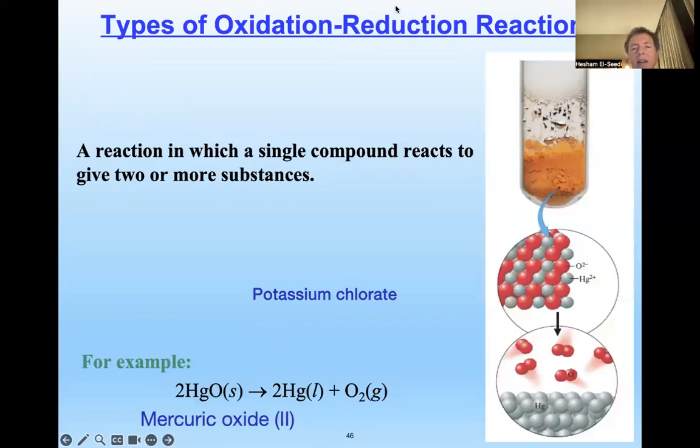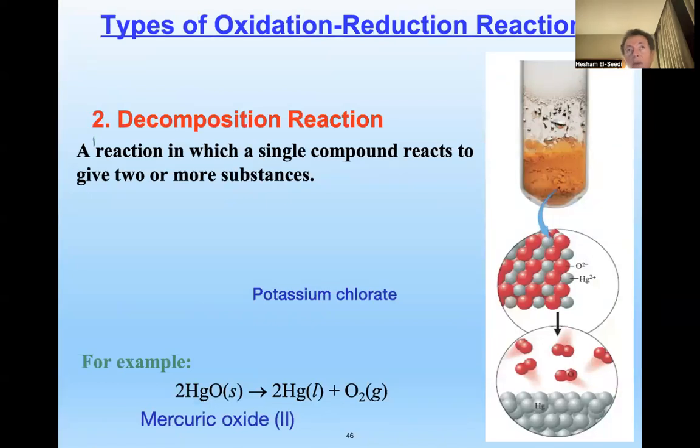Then another type of oxidation reduction reaction. This is a very good example here. It is a reaction in which a single compound reacts to give two or more substances. What about decomposition reaction, for example? It is the opposite way. We take combination reaction, two things together, A, B give C. What about decomposition reaction?